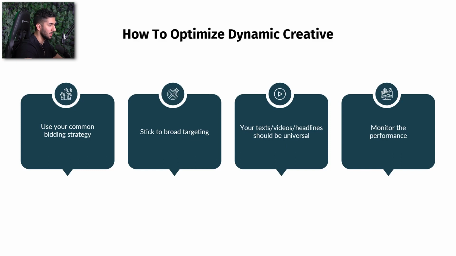Mostly a broad audience for me is like 800k, which isn't that many people. So yeah. And your text, videos, headlines should be universal, right? Should relate to everything, not everything, but within your audience. And monitor the performance as much as you can, but still you're not going to have too many options to monitor as well.